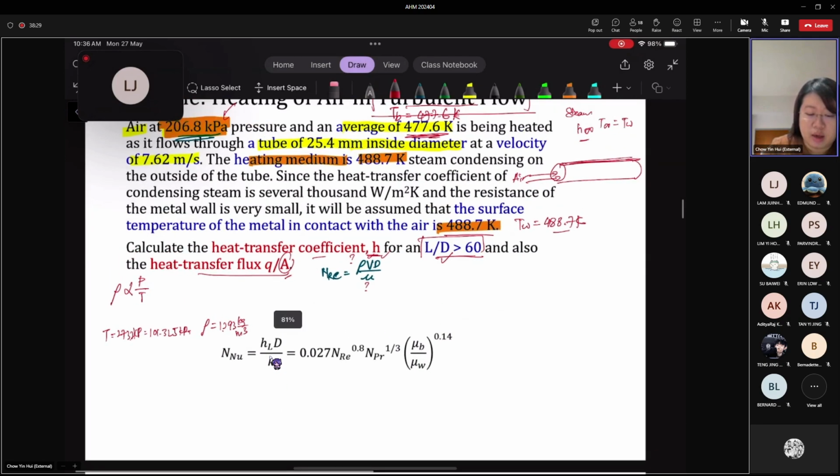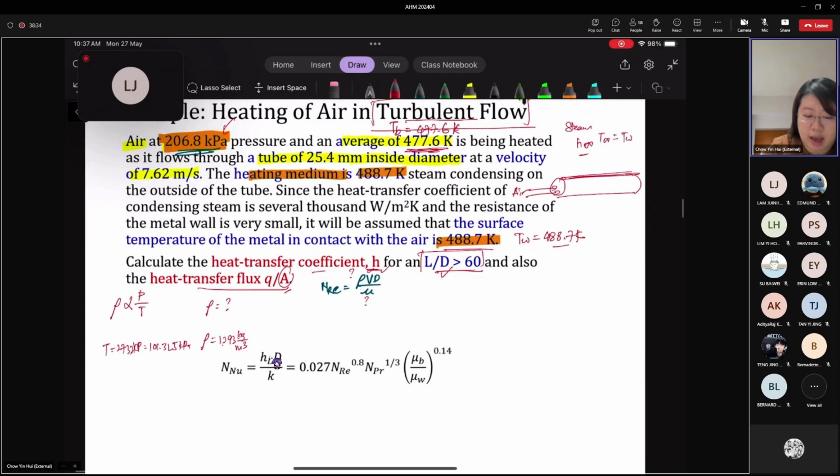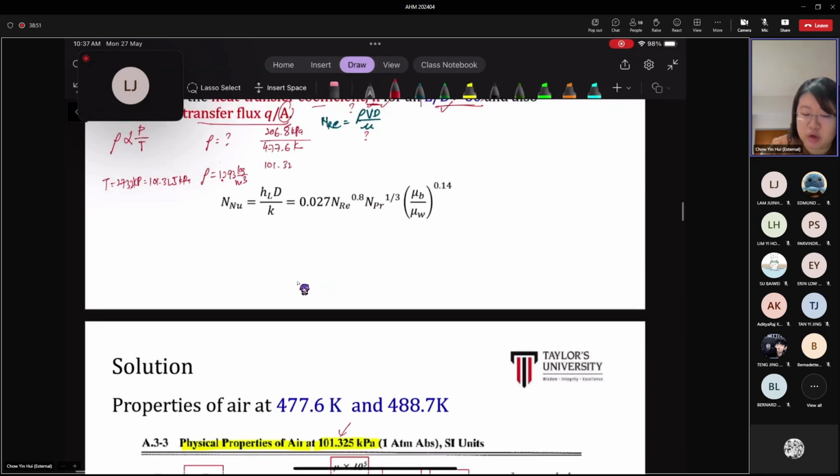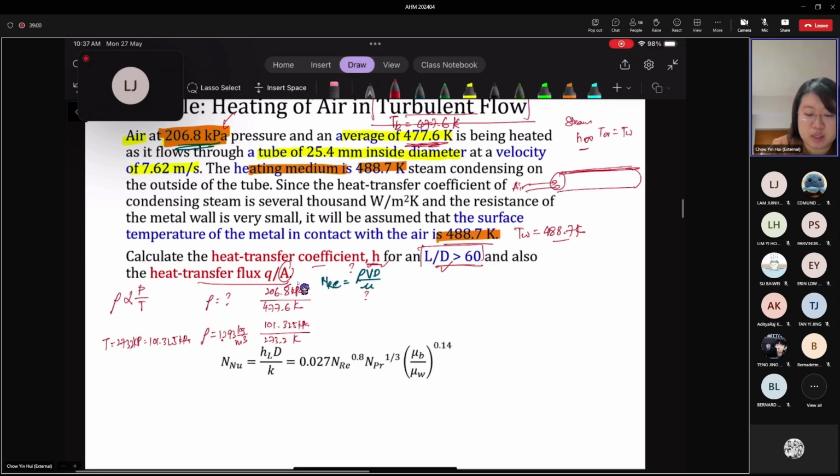But what would be the density when the pressure is at 206.8 kilopascal and the temperature is at 477.6 Kelvin? This 1.293 is for air at 101.325 kilopascal and temperature at 273.2 Kelvin, so you need to do some calculation.